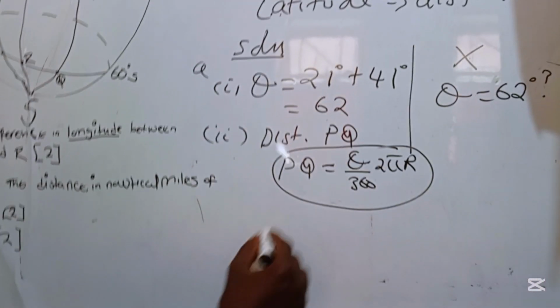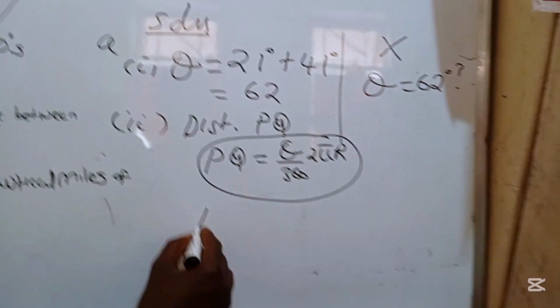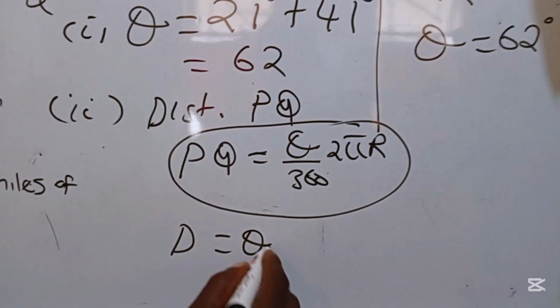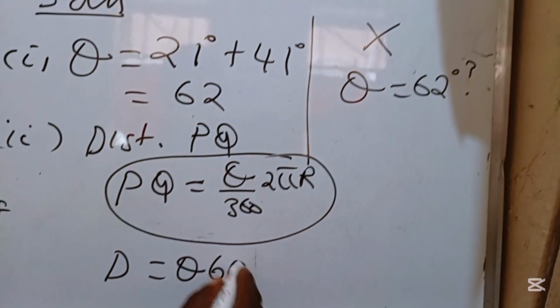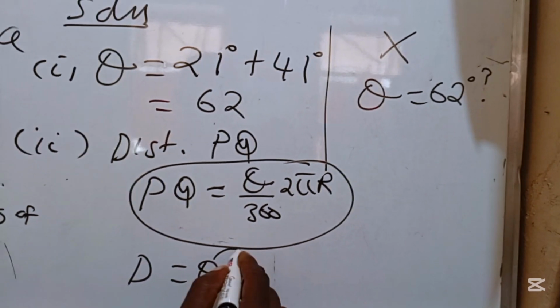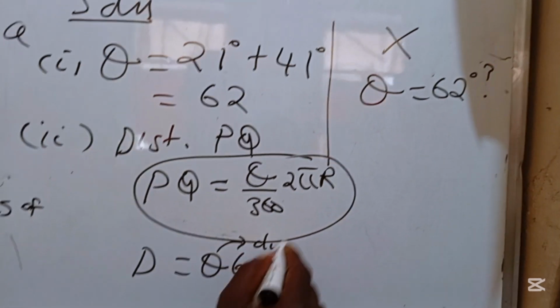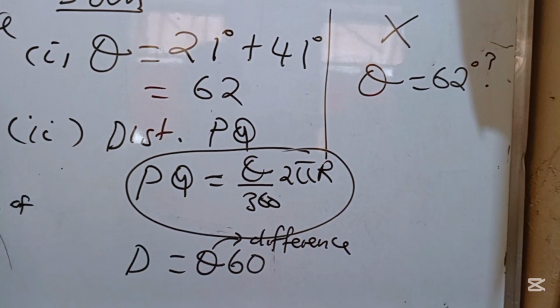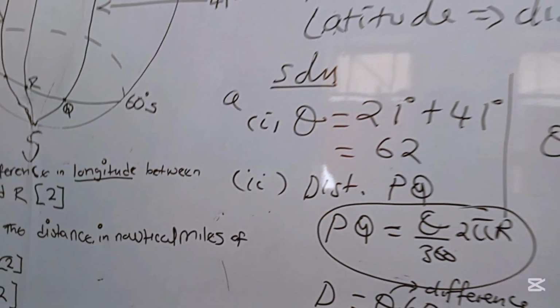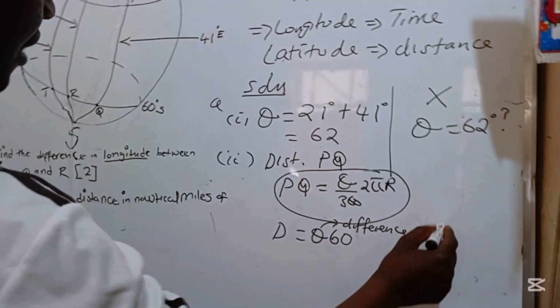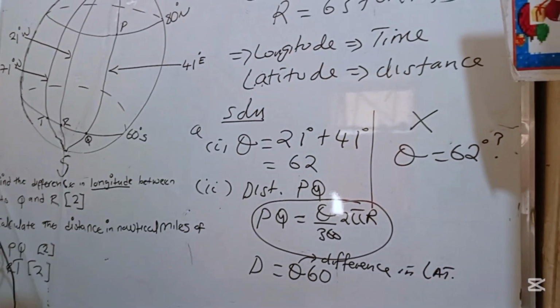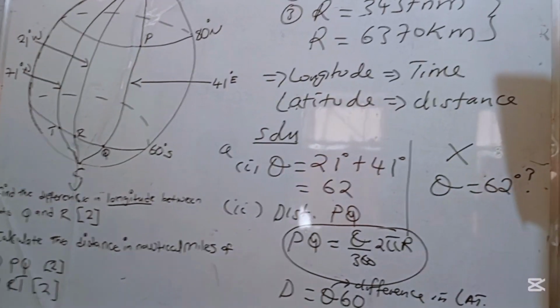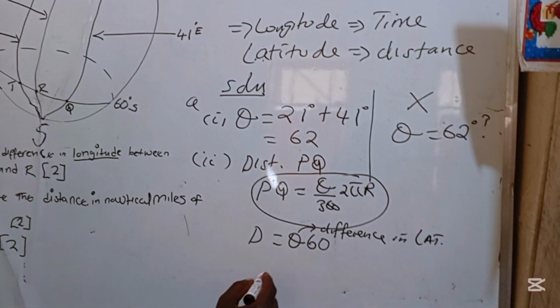Let's please adopt this: distance is equal to theta times 60, where theta is the difference in latitude between P and Q. So first of all, you have to find theta.